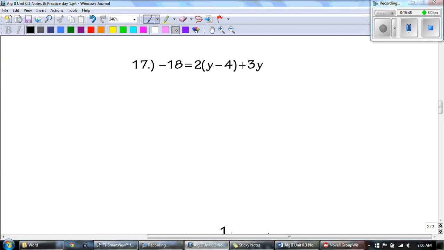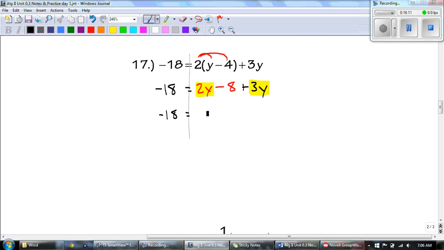All right, number 17. All right, we need to distribute first. So we have -18 equals 2 times y is 2y, 2 times 4 is 8, plus 3y. Find your like terms.